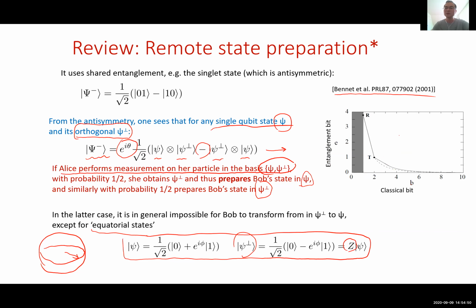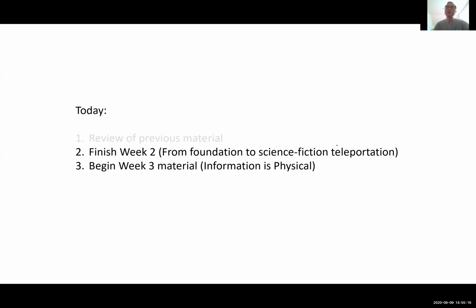For example, the classical bit communication. This is classical communication. The resource is quantified by the number of bits, and also the resource of entanglement quantified by the so-called e-bit. Okay, but this was a research topic some time ago. So that's the review of the few topics we covered. Any question?